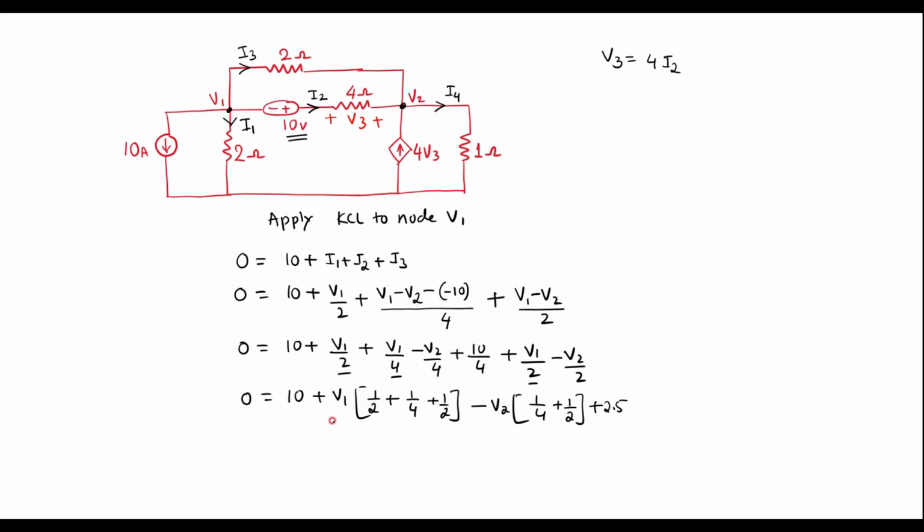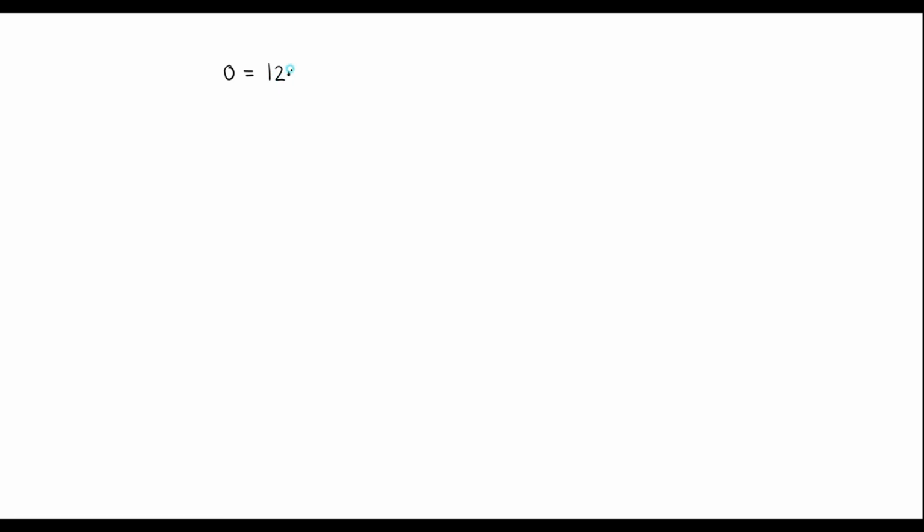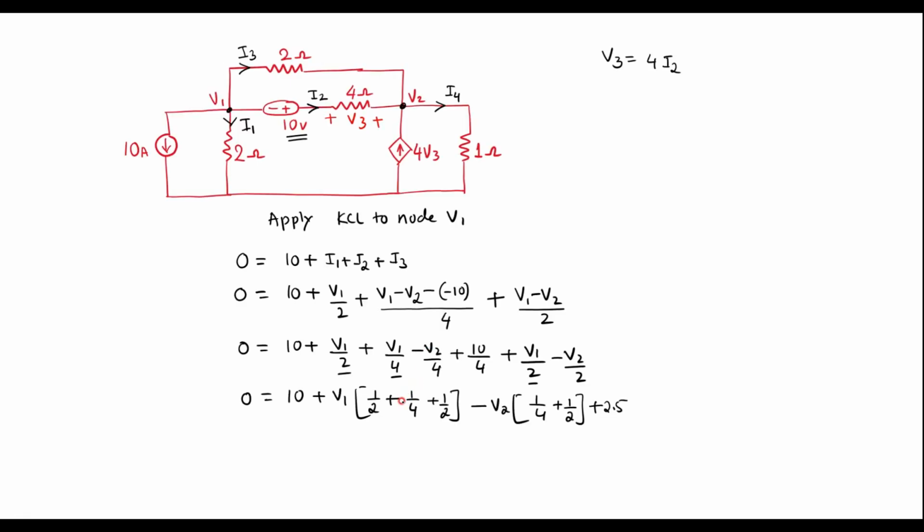I will simplify this further. 0 equals 10 plus 2.5, that is 12.5, plus 1 by 2 plus 1 by 2 is 1, and this is 0.25, so it is 1.25 V1.